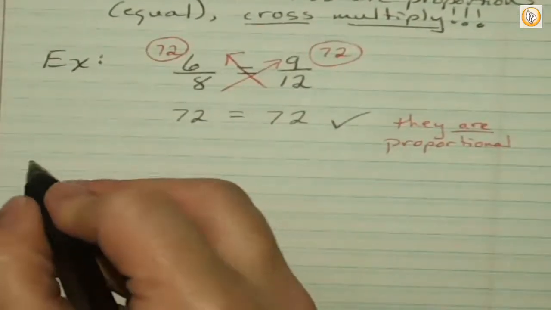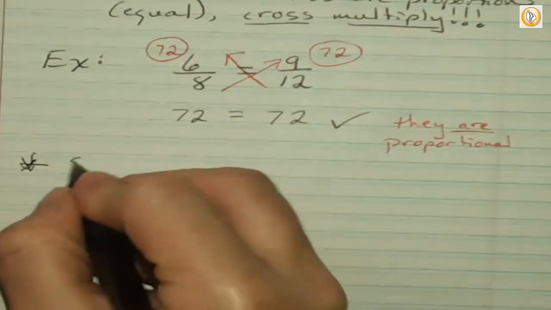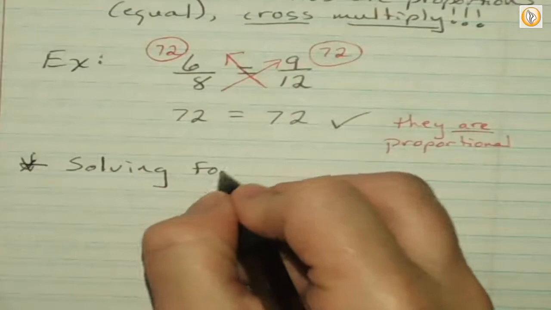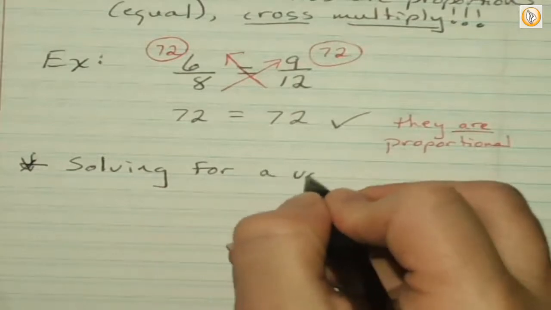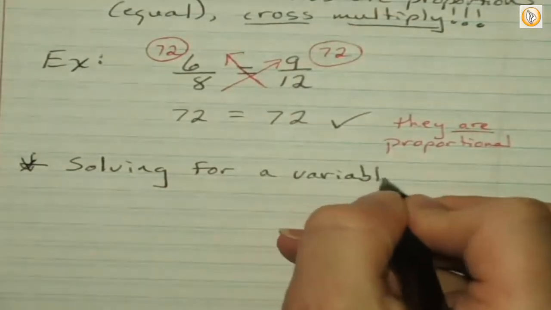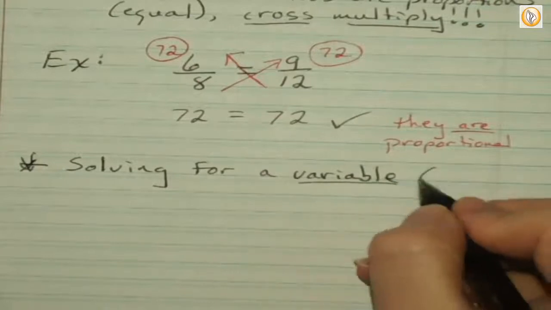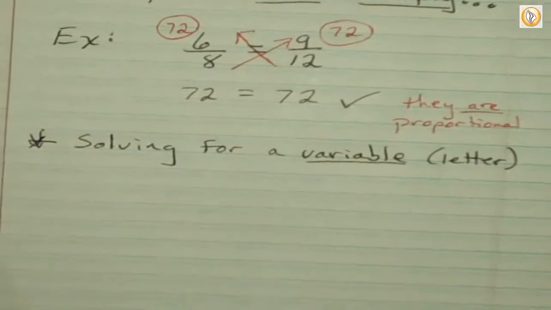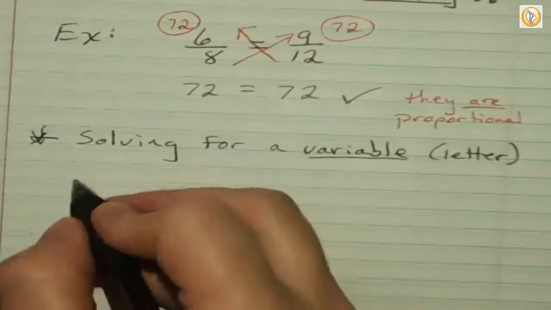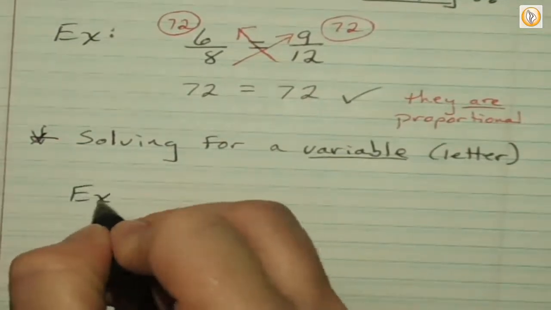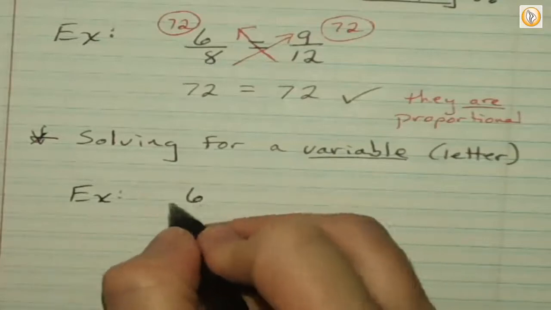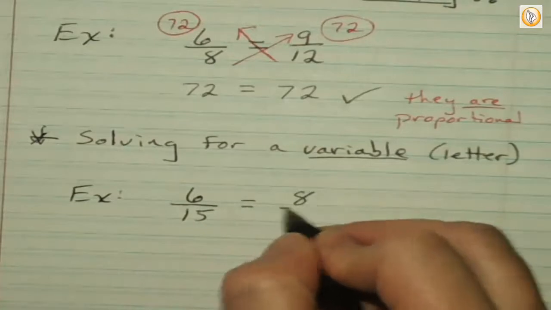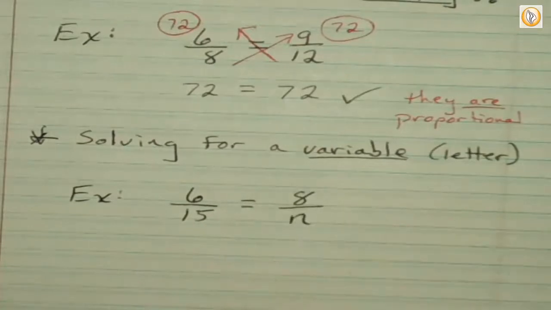Okay, what if they're wanting you to solve for a variable? And what's a variable? Very good. You can also use this method. Let's say I have 6/15 equals 8 over n.